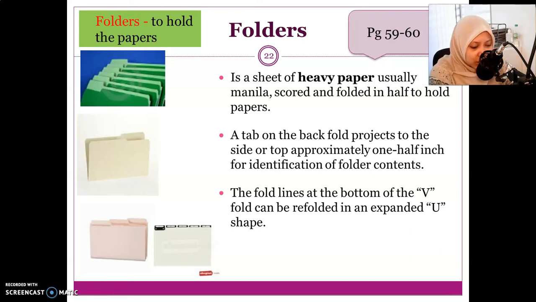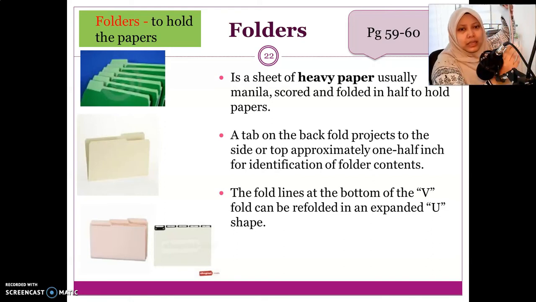So the fold line at the bottom of the V fold can be refolded in an expanded U shape. Kalau badan kerajaan, they tend to use file yang digunakan daripada manila card, kertas keras tu, saiz double A4, di mana dibahagi kepada dua.